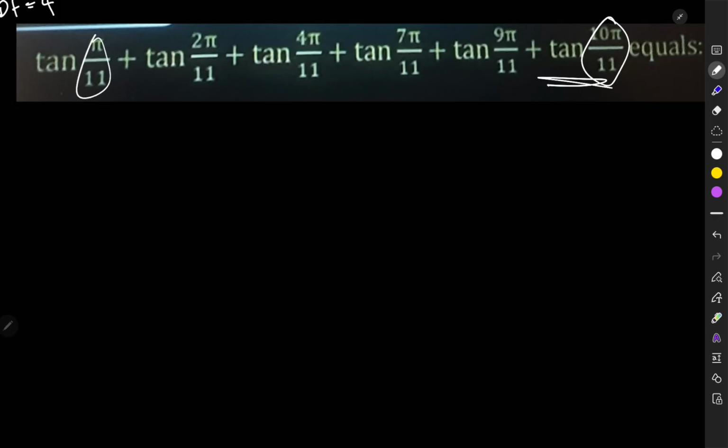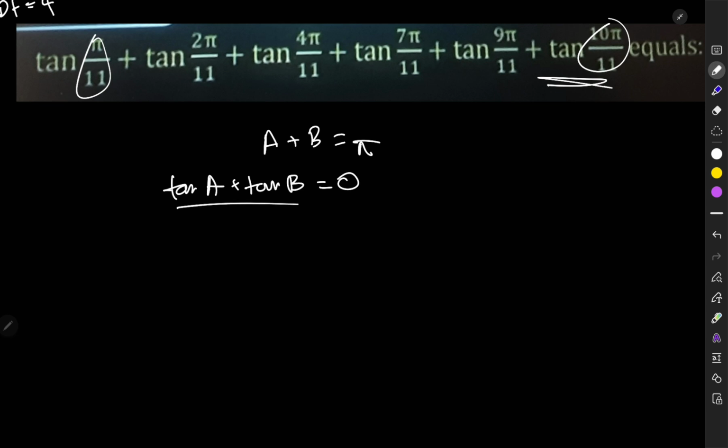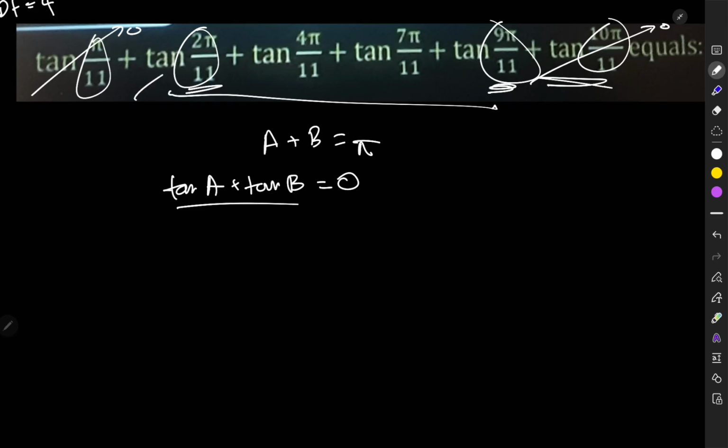When I add 11 pi by 11 and 10 pi by 11, what will I get? I'll get pi, right? When a plus b is pi, tan a plus tan b is equal to 0. So this will get cancelled and this will also get cancelled. 2 pi by 11 is there, 9 pi by 11 is there. When I add both, again pi, so these will get cancelled, and this also will get cancelled. So finally the answer will be 0.